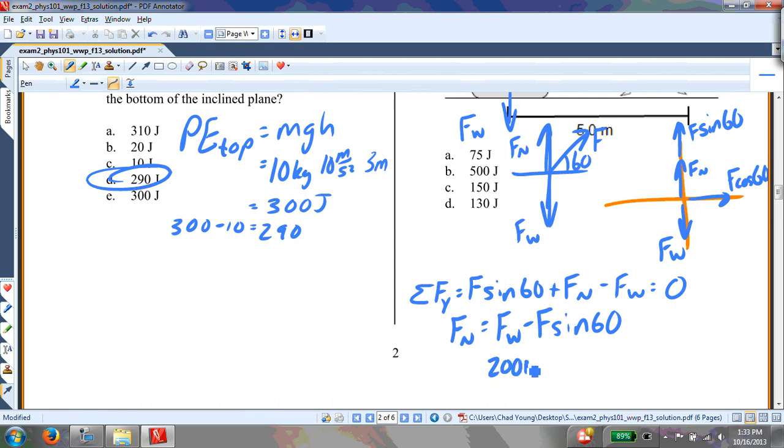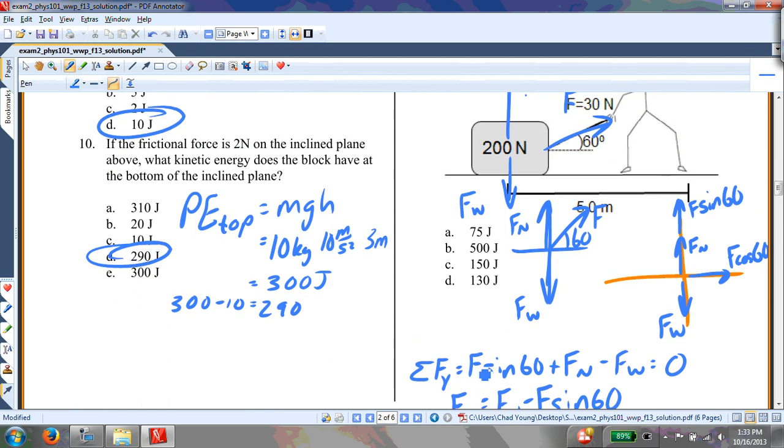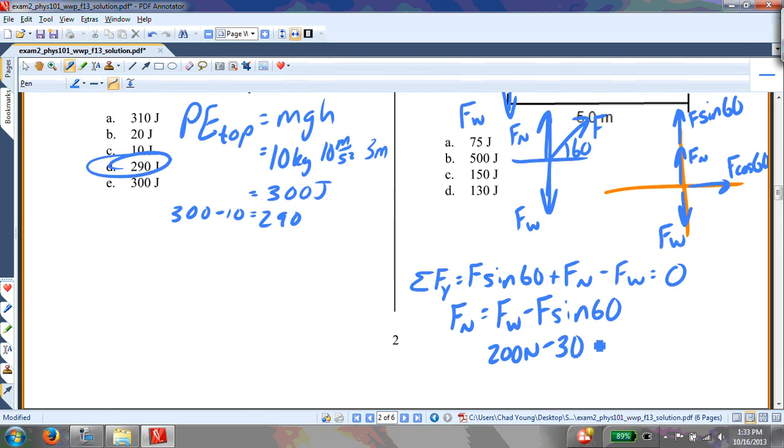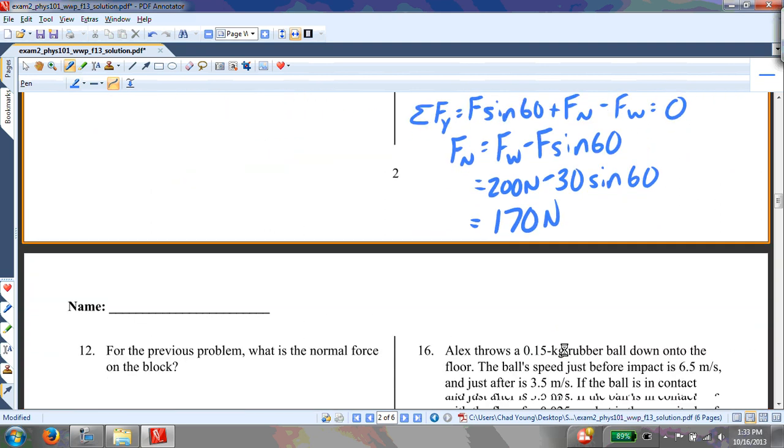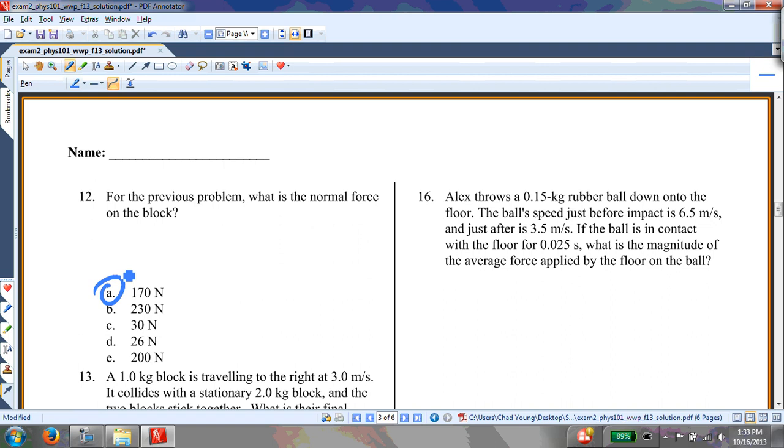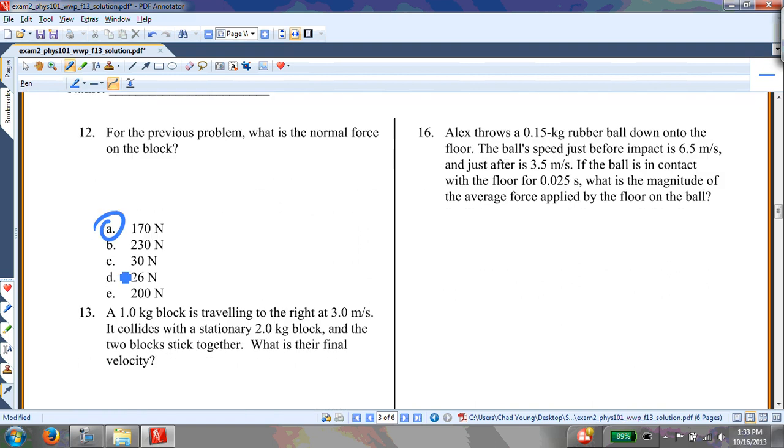That's 200 newtons minus F, which was 30 sine of 60. That's 174, rounding off 170 newtons. So that's my normal force, 170 newtons. That was answer A for number 12.